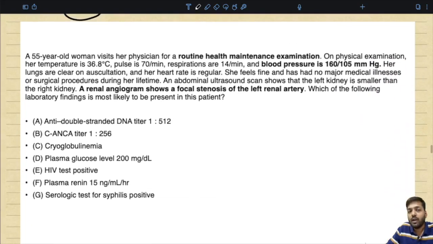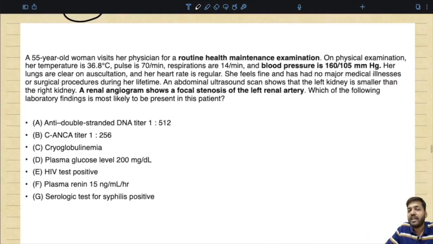Okay, so let us now see a very important example. A 55-year-old woman is visiting her physician for a routine health maintenance examination. On physical examination, her temperature is 36.8, pulse is 70, respiration is 14 per minute, and blood pressure is slightly raised to the tune of 160 by 105 millimeters mercury.